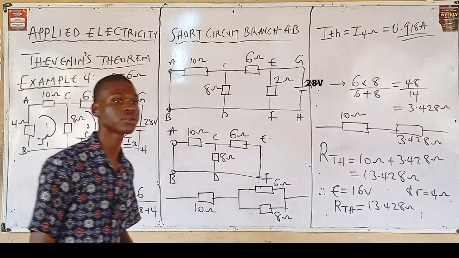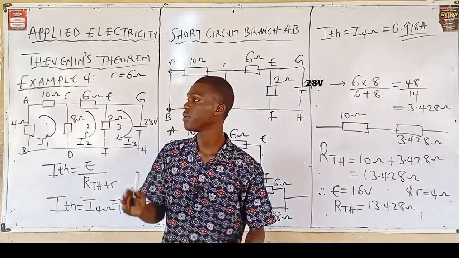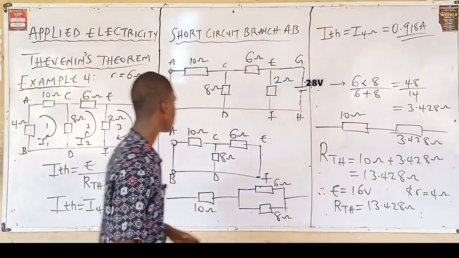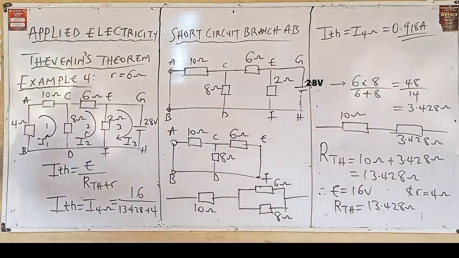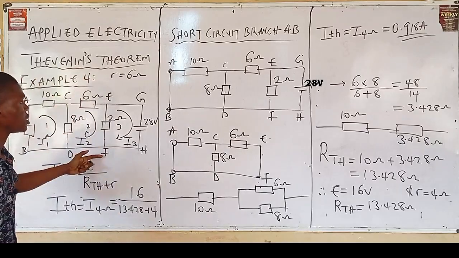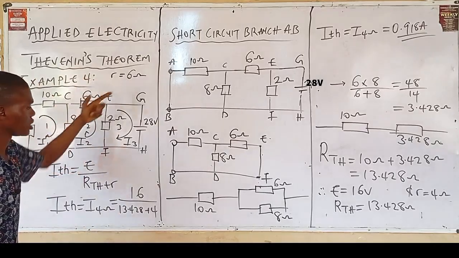The concept is that for parallel resistors, the value of voltage across each branch is the same. In this case, the value of voltage in branch AB is equal to the value of voltage in branch CD. Say equation 1. Equation 2, the value of voltage in branch EF is equal to the value of voltage in branch GH.